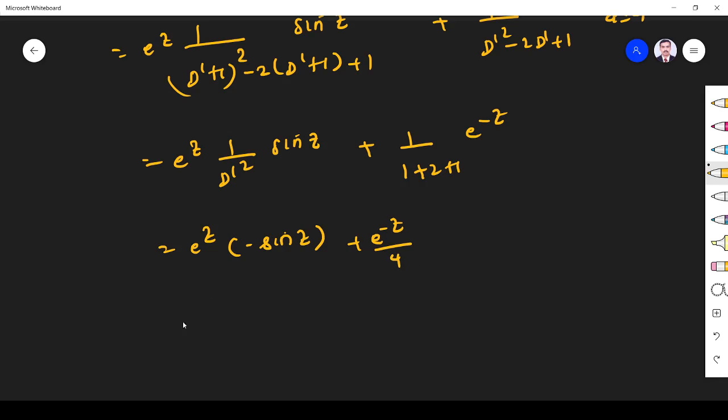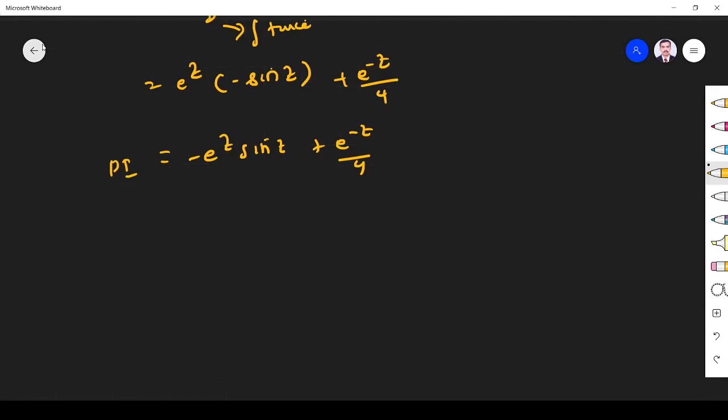So this means integrating twice with respect to z. This is minus e power z sine z plus e power minus z by 4. So this is my particular integral, right?